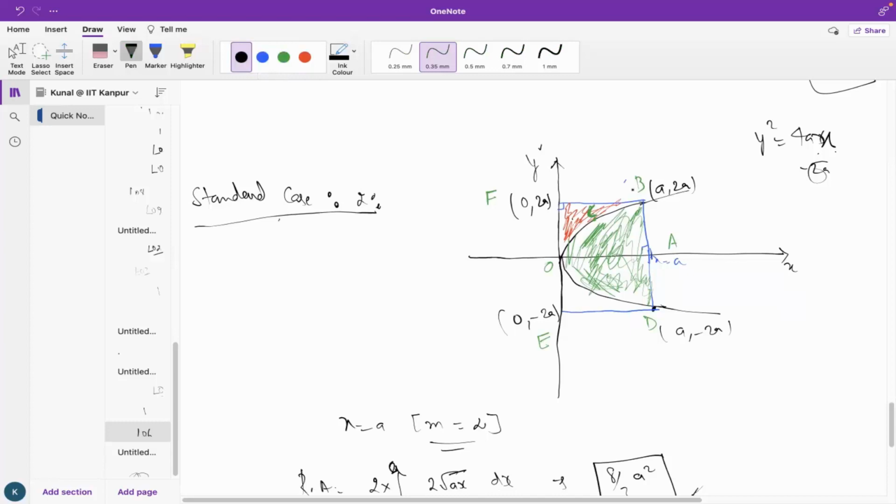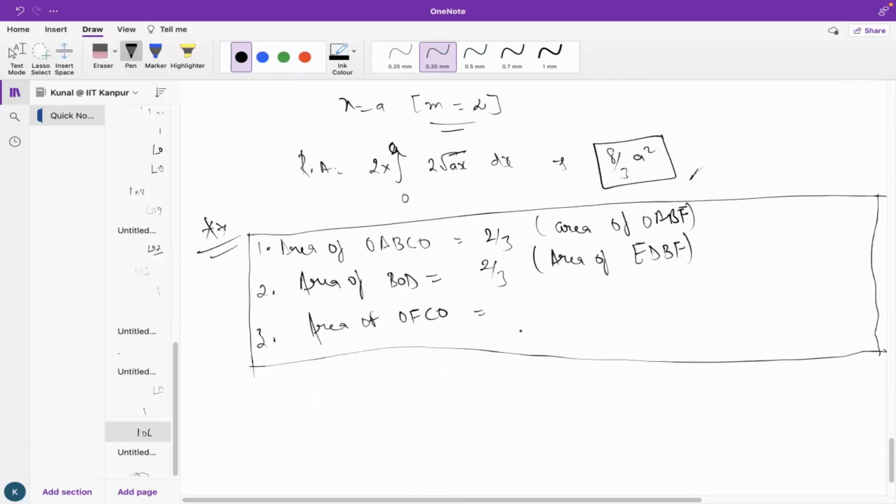So OFCO, the area will be 1 by third of area of rectangle OABF. OABF, right? Okay, let me. There will be OABF. Okay, so I guess this thing.